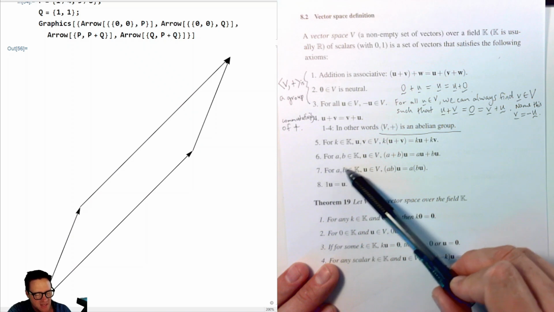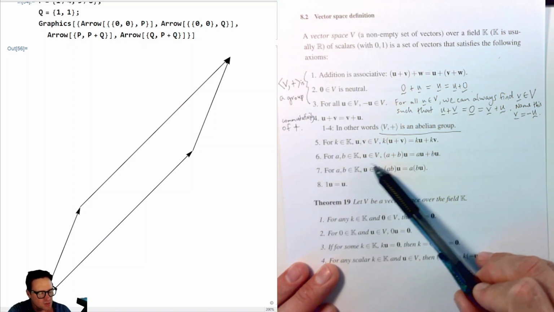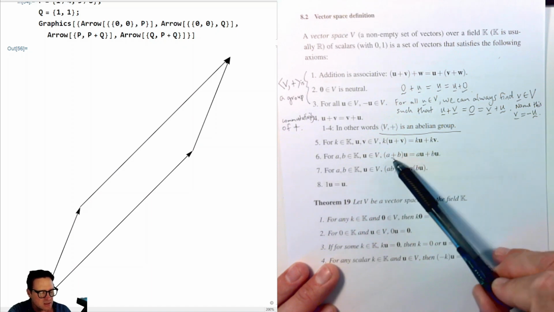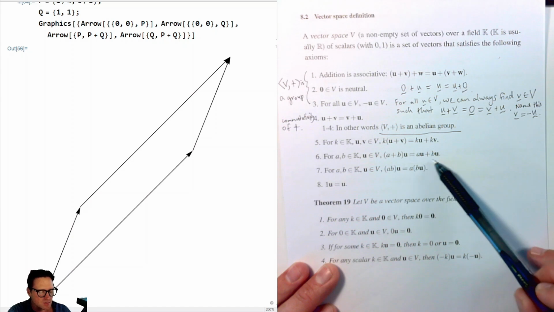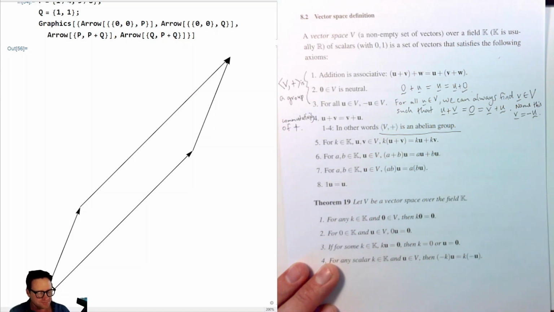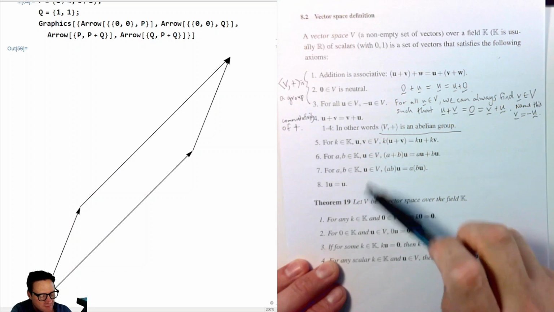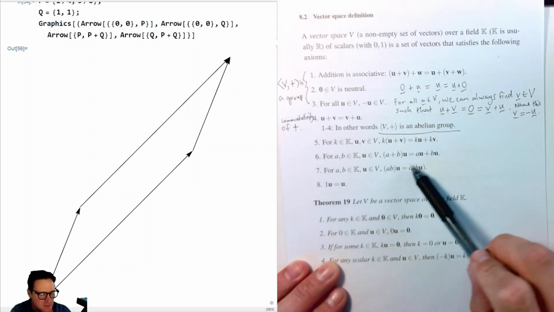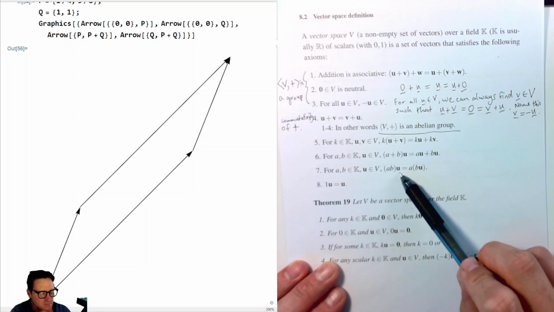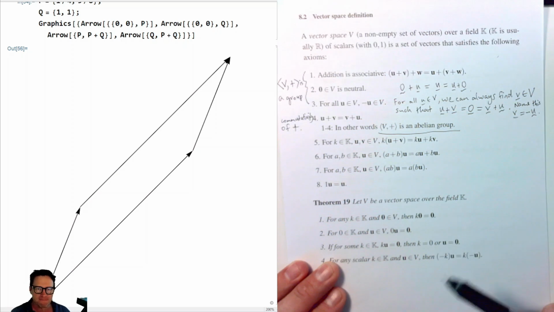For all scalars a and b in the field K, and vector u in the vector space V, a plus b in brackets times u is a times u plus b times u. Axiom 7, for all scalars a and b in the field of scalars K and vector u in the vector space V, ab u is a times bu.